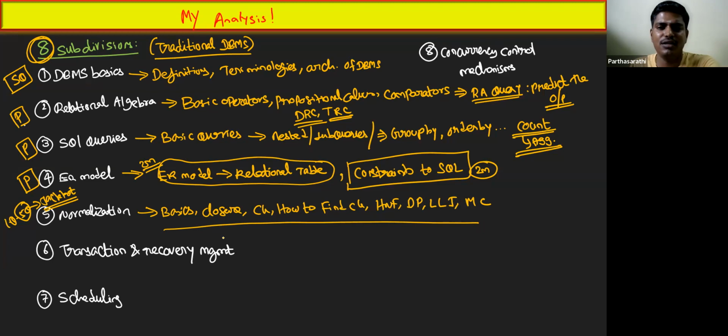And then the 6th part, according to my analysis, is transaction and recovery management, where they will deal with the ACID properties. ACID properties are one static question that you can expect every time.